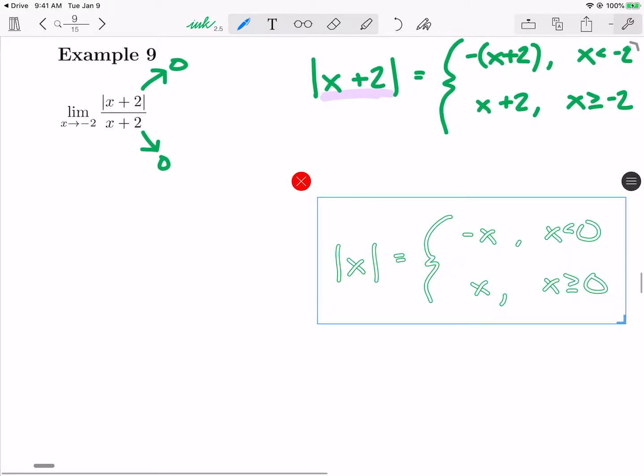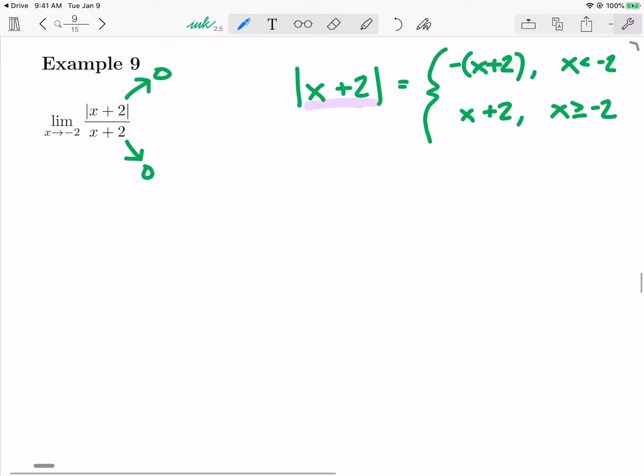Okay, so what does that mean for me? It means I've got to do a left and a right-sided limit. So I've got to do the limit as x goes to -2 from the left.